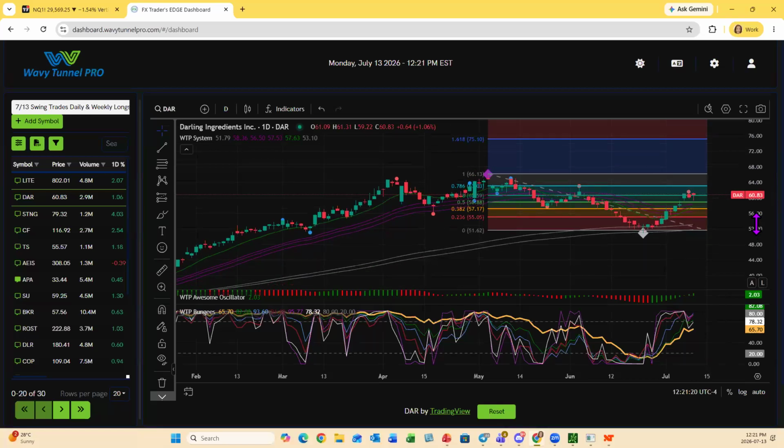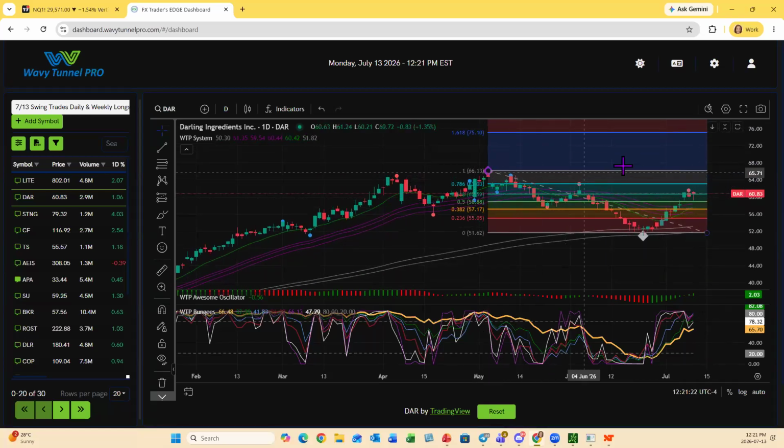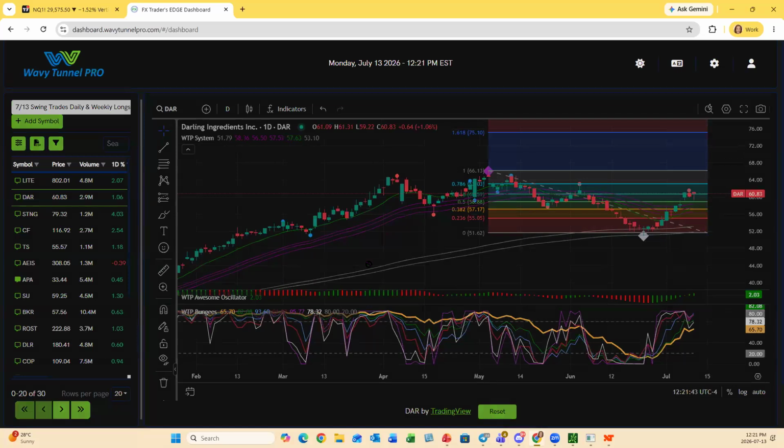And there are other Fibonacci levels after one, 1.13, 1.272. Those are the levels that I look for. So this is one definitely to keep an eye out on. Okay, let's go back and look at a few of the others.